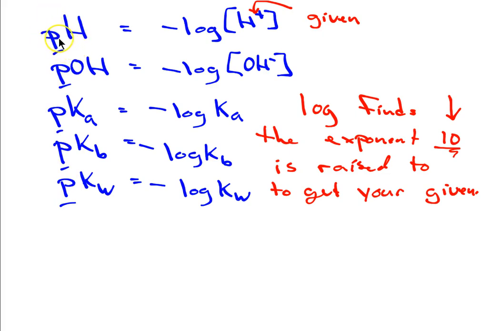So here we would say power of the hydronium ion, power of the hydroxide ion, power of the Ka, power of Kb, power of Kw. And what we mean by power is an exponent. We're finding the exponent that the thing is raised to.